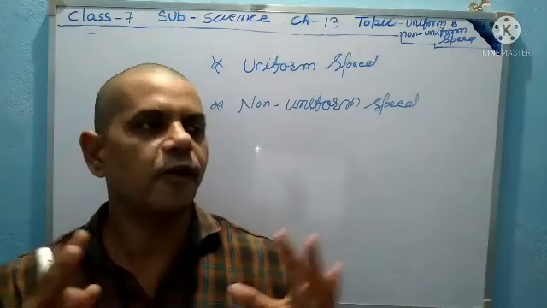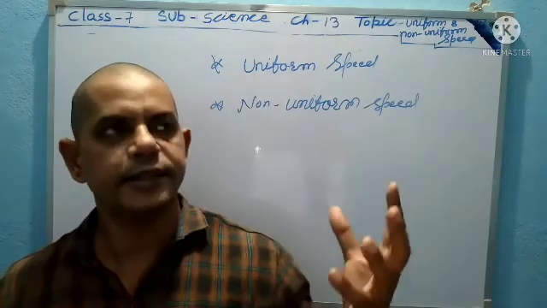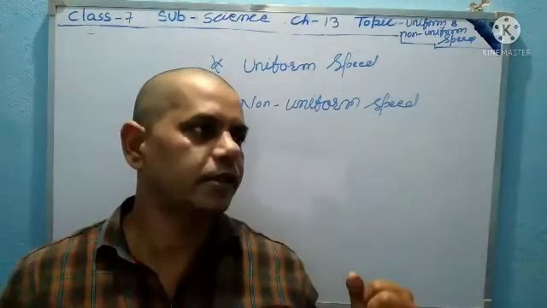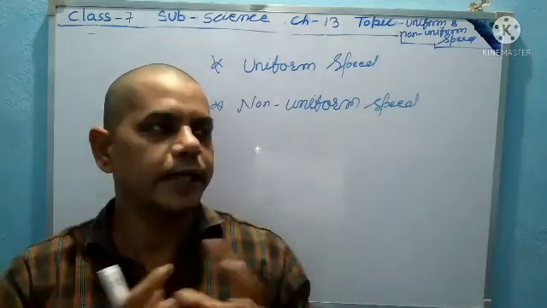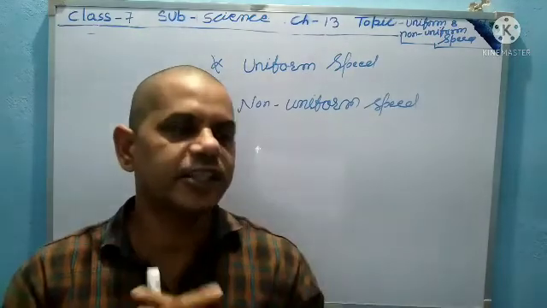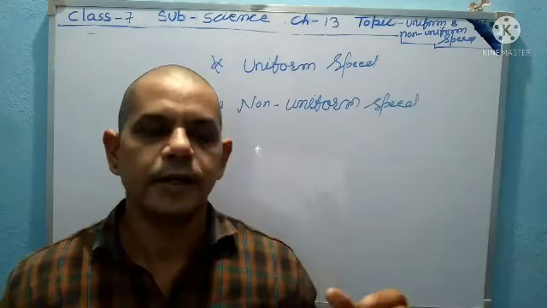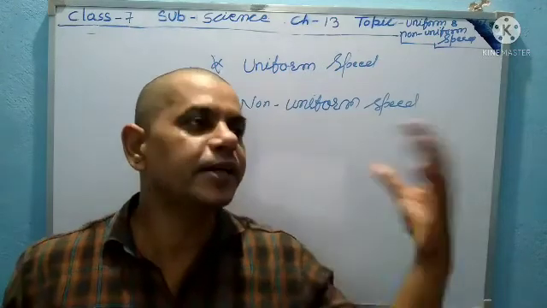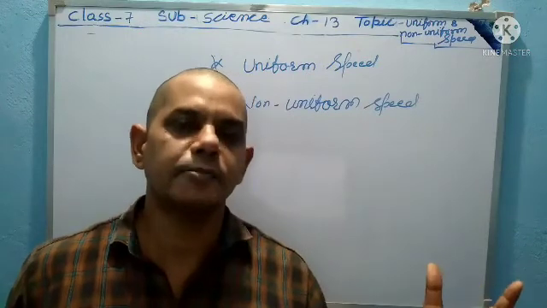First, uniform speed is when an object moves a particular distance in a definite time interval, meaning a definite distance traveled in a definite time interval.